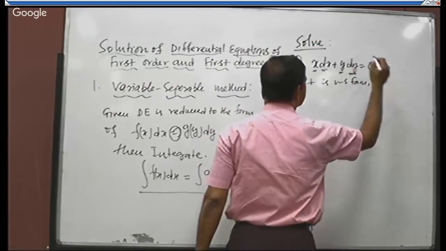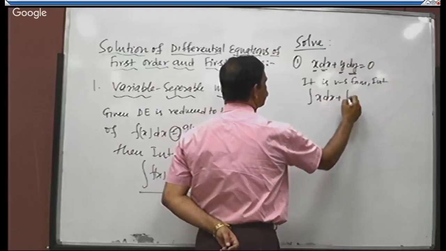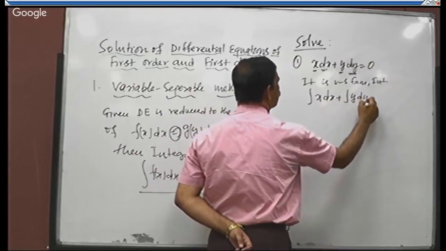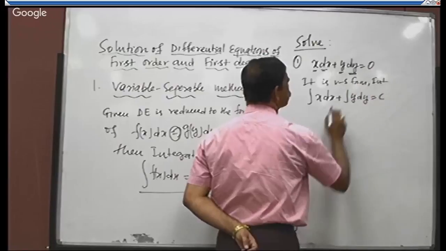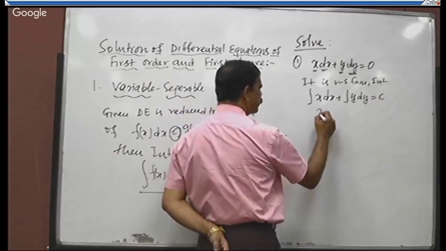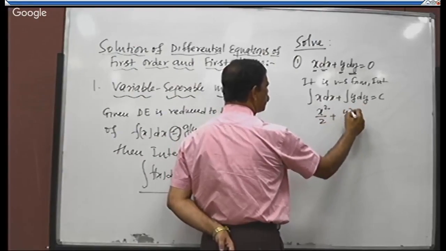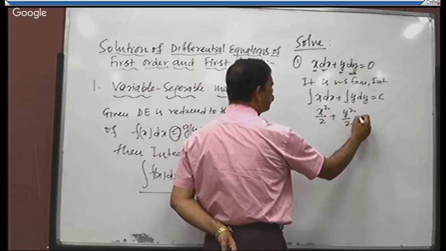Then integrating x into dx plus integrating y into dy is equal to c, constant of integration. What is integration of x? It is x square by 2 plus what is integration of y? It is y square by 2 is equal to c.